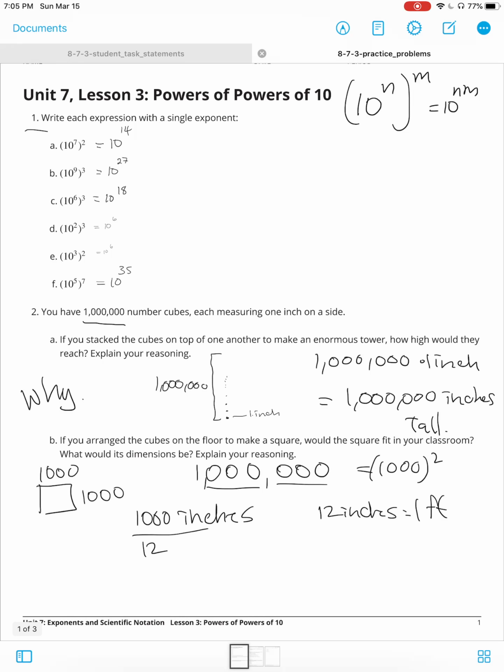But like I said, I ain't got a calculator. But I can do quick maths. 1,000 and 12 are both even, so I can cut them in half and have 500 over 6. Once again, they're both even, so I can cut those in half and have 250 over 3. That's a little bit more manageable. This will give you 83.3 feet.